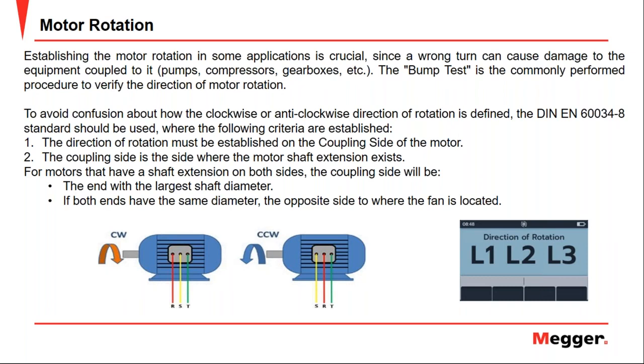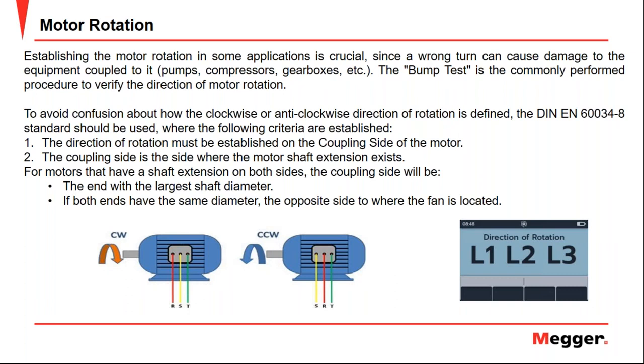Well, the standard EN 634-8 helps us clarify doubts and define the direction of rotation depending on the system configuration, as we can see here. The direction of rotation must be established on the coupled side of the motor. So the first thing we have to do is identify the coupling side of the motor. The coupling side is the side where the motor shaft extension exists.